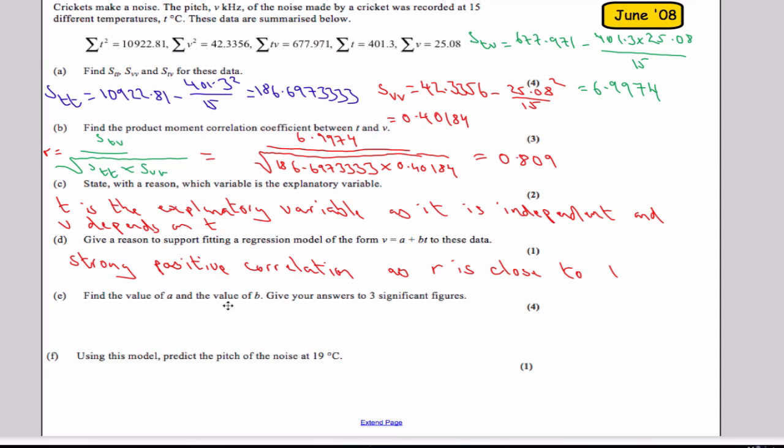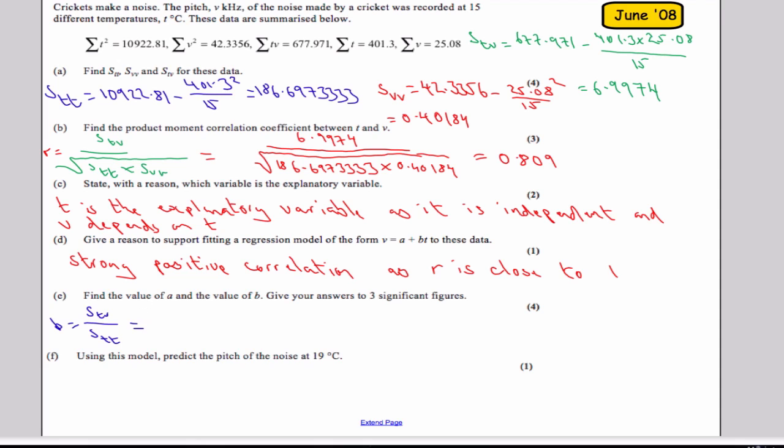Find the value of A and the value of B. Give your answers to 3 significant figures. Okay, so we don't actually have the raw data here, so we're going to have to use some formula. In the formula booklet, B is usually calculated by doing SXY over SXX. SXY in this case is the same as STV, and SXX is STT.